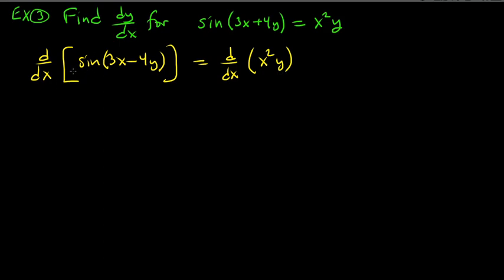So let's start on the left side. The derivative of sine is cosine. And this is not sine of x, it's the sine of a function. Well, actually, it's an expression with x and y. So we need the chain rule, multiplied by the derivative of what's inside the parentheses.